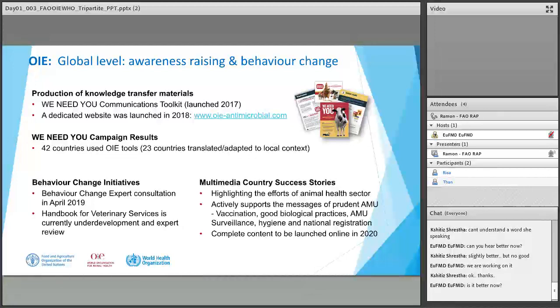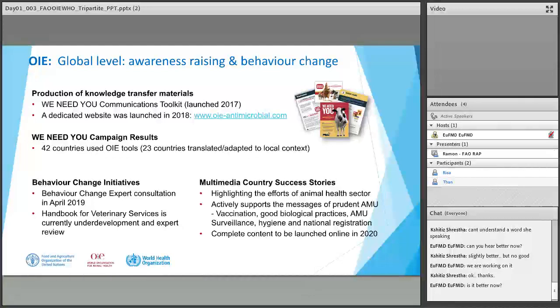So we want to give the correct message to the users that antibiotics are important tools and they have to be used after a good diagnosis, and they should not be used as growth promoters or for prevention. And there are a lot of antibiotics critically important for human health and veterinary services. So animal health people should not use those human critically important antibiotics as treatments or animal medicine. Those kinds of messages are delivered through these materials.